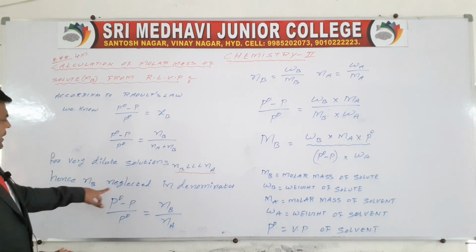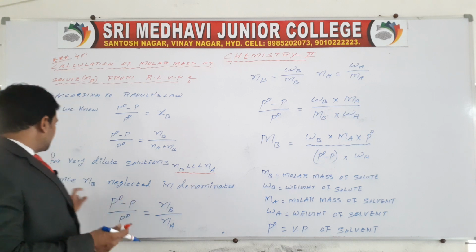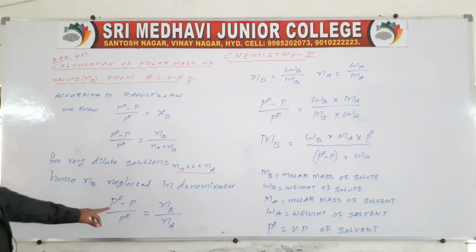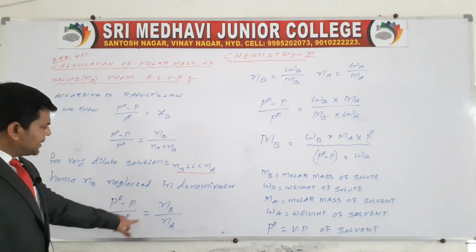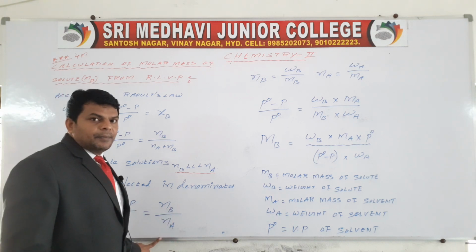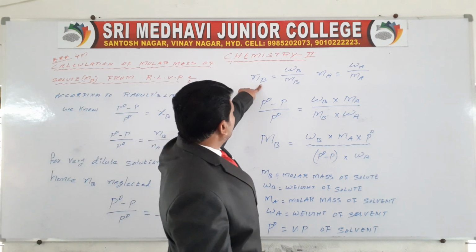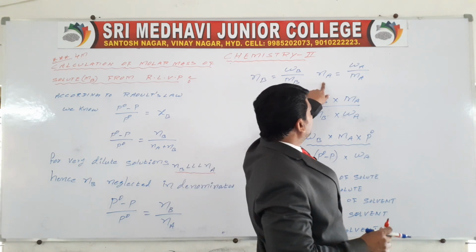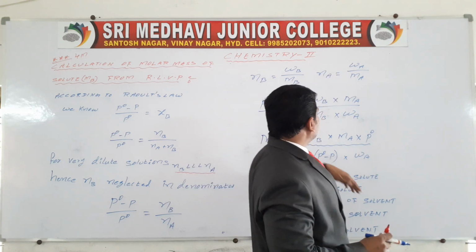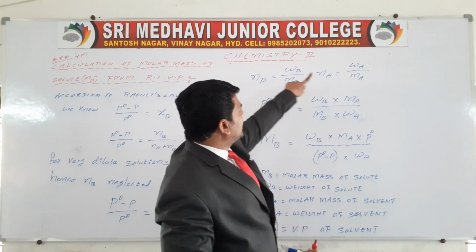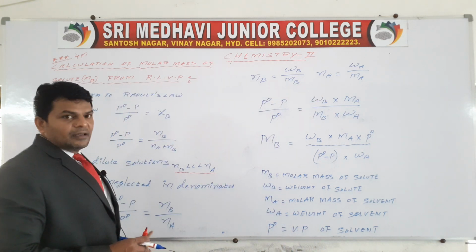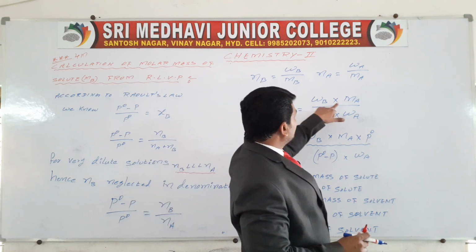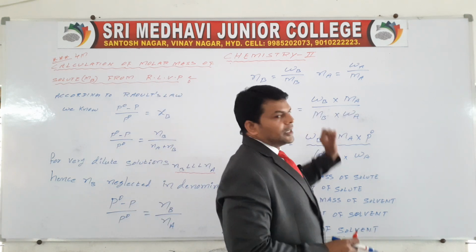Then NB is neglected in the denominator. Then P naught minus P by P naught equal to NB by NA. Then NB, number of moles of solute, means weight by molecular weight. NA, number of moles of solvent, weight by molecular weight. Then I am substituting NB and NA values in this equation 1. Then P naught minus P by P naught equal to WB into MA by MB into WA.